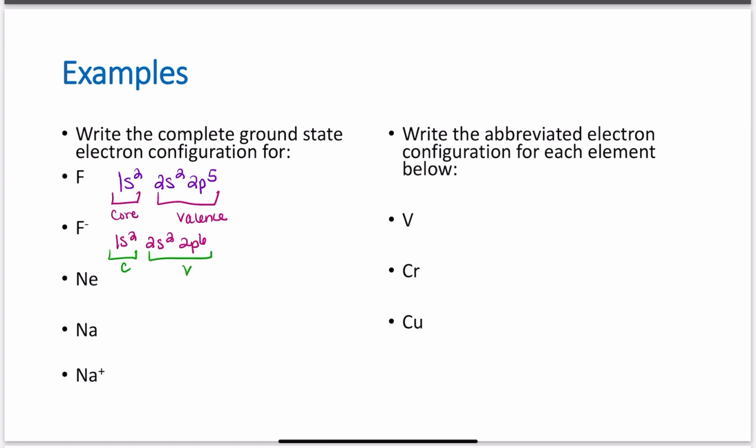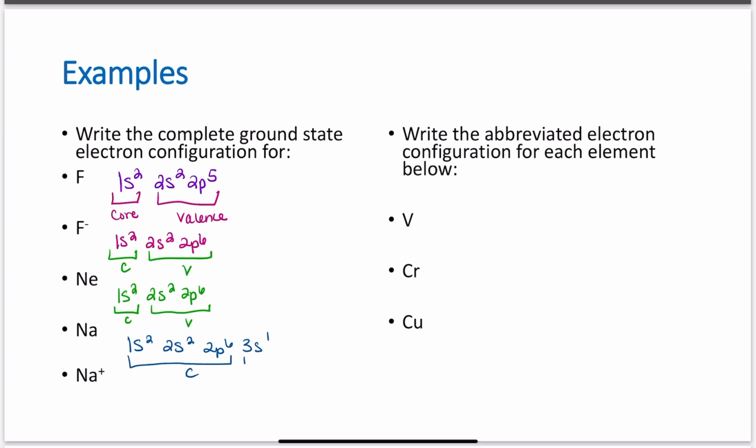Neon, 1s2, 2s2, 2p6. And core and valence here. Now, if I look at sodium, 1s2, sorry, that s should be written lower. 1s2, 2s2, 2p6, 3s1.